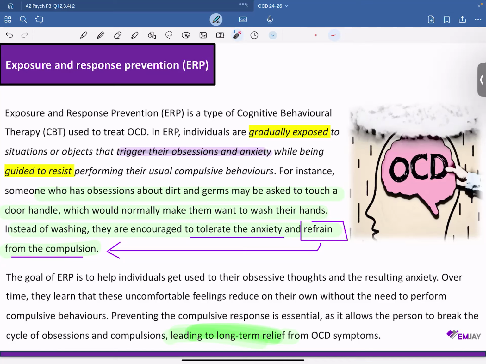Now, it's more like a vicious cycle. If you talk about someone who has OCD, the reason why I'm using the words vicious cycle is that a person would keep on having those triggering thoughts, right? About something being dirty. You might feel like, oh, this is dirty, this is dirty, this is dirty.